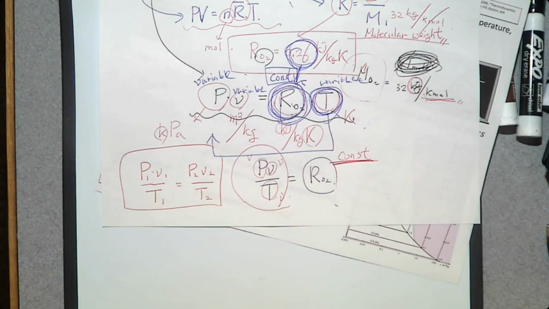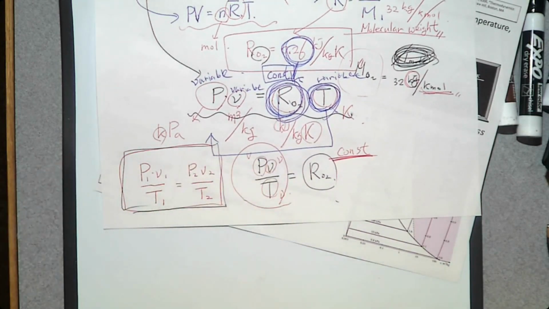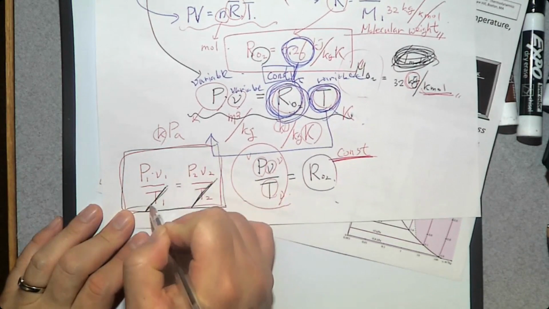Let's say I want to increase the pressure of the oxygen in this classroom without changing the temperature with the air conditioning unit. Then what happens to its volume? You don't have to look up any table. If you maintain the temperature, T1 is the same as T2, so we can cross them out.